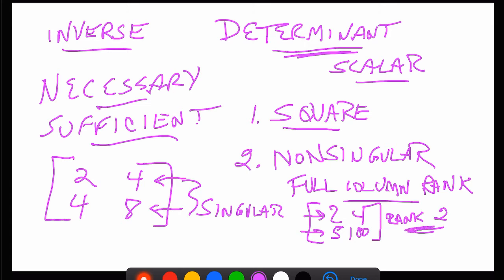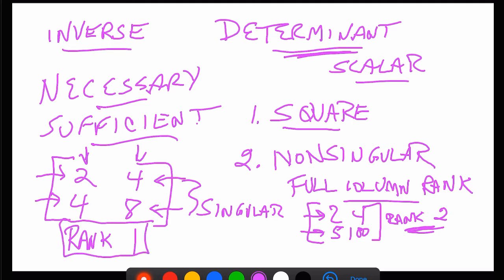It has a rank of 2. This matrix only has a rank of 1 because basically it only has one row. Or if you look at the columns, it only has one column. Either way, it doesn't matter. It has a rank of 1 because there's a linear relationship between the two columns or the two rows.